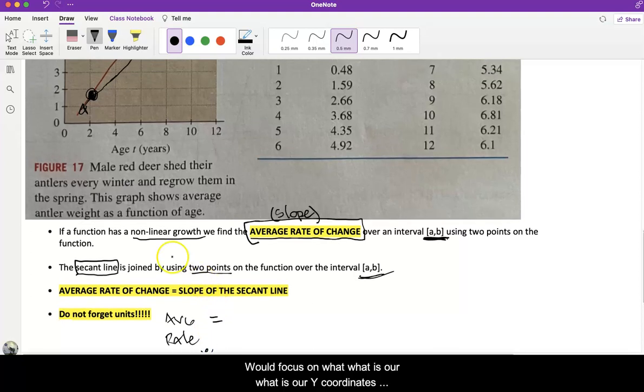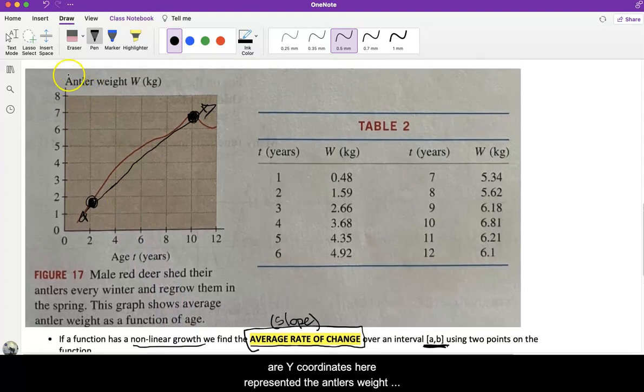And so in this particular case, what we're talking about here as the average rate of change would focus on, well, what is our y-coordinates? Our y-coordinates here represented the antler's weight in kilograms.